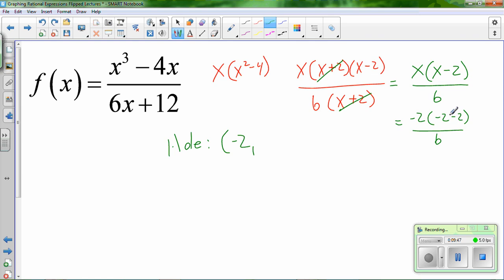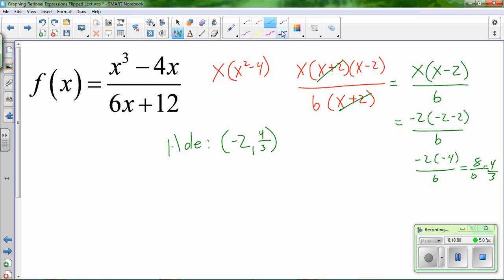Negative 2 minus 2 is really negative 4, so you're looking at negative 2 times negative 4 over 6, equals positive 8 over 6, finally reducing to 4 over 3. And so that is the y value of the hole, 4 over 3.